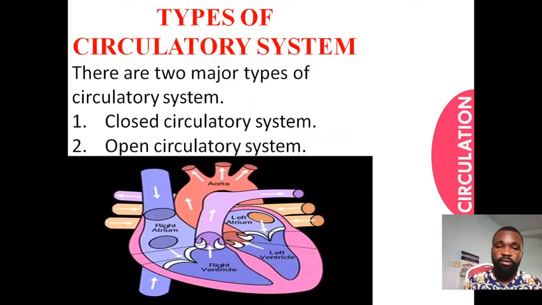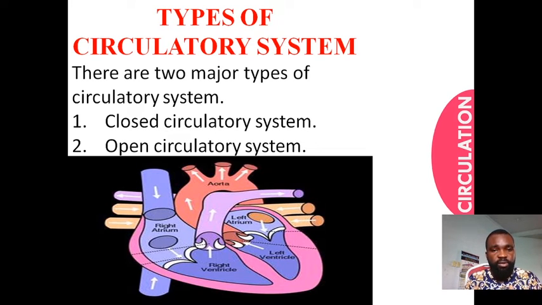Having said that, let's look at the types of circulatory system. We have two major types of circulatory system for your level. We have the closed circulatory system. From the word closed, it means that the system is confined.